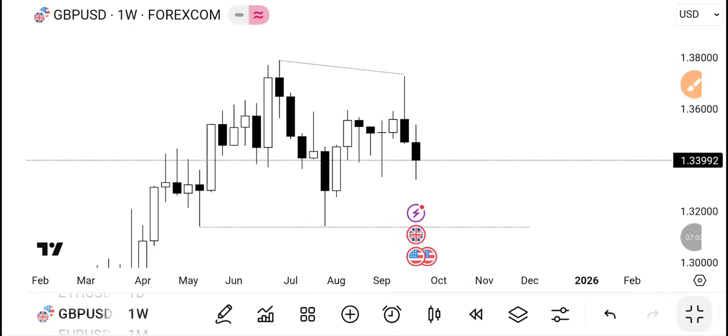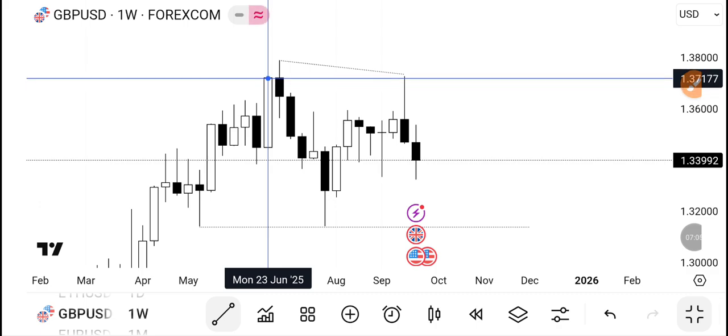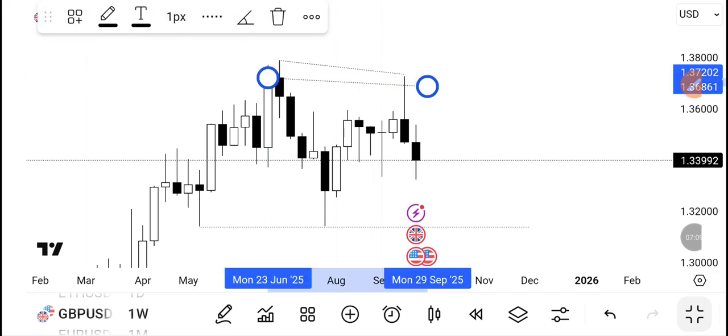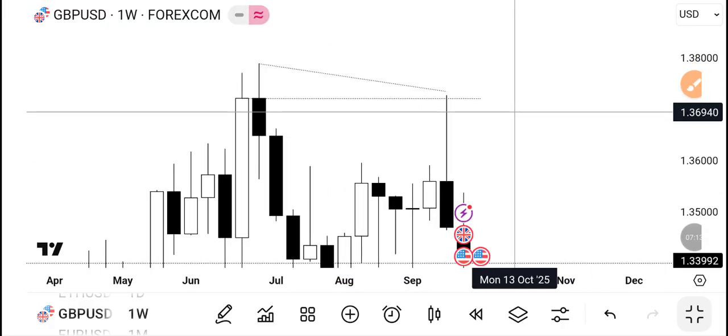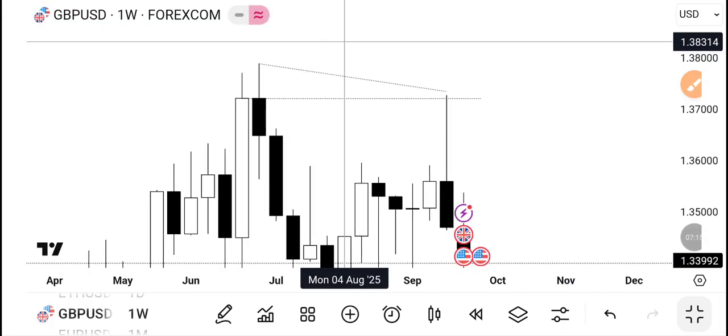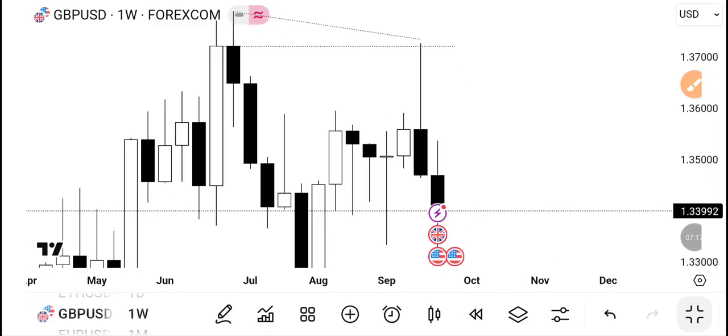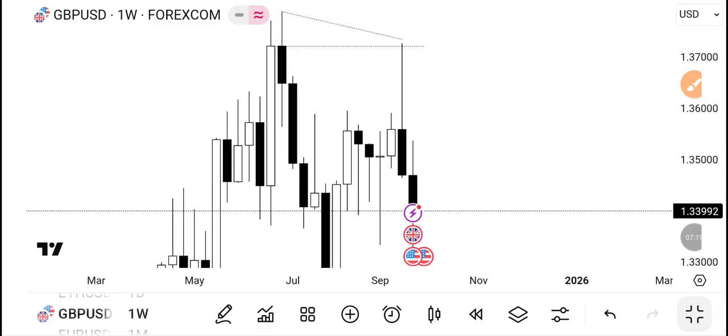So GBP USD decided to use this as a sell rejection block, right? Whenever price reaches a certain high, then let's say we have two correlated pairs that move in the same direction in time.